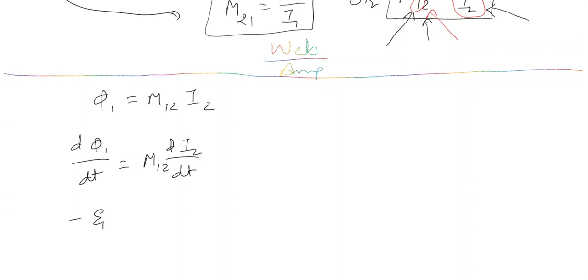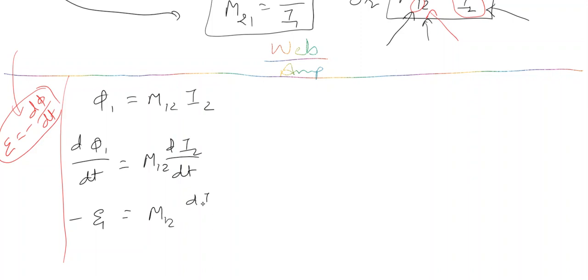Apply Faraday's law. We know that epsilon is equal to minus d phi by dt. Okay, the rate of change of flux is equal to the induced EMF, and the negative sign is a consequence of Lenz's law. So here I can say that minus epsilon 1 is equal to M12 di2 by dt, or else epsilon 1 is minus M12 di2 by dt.